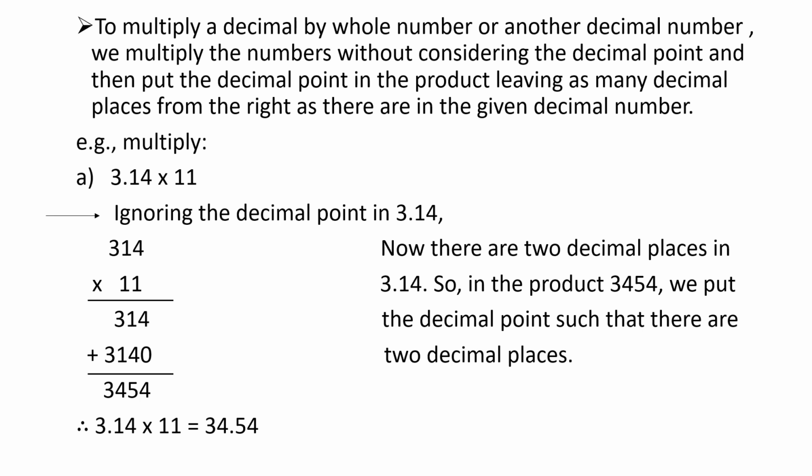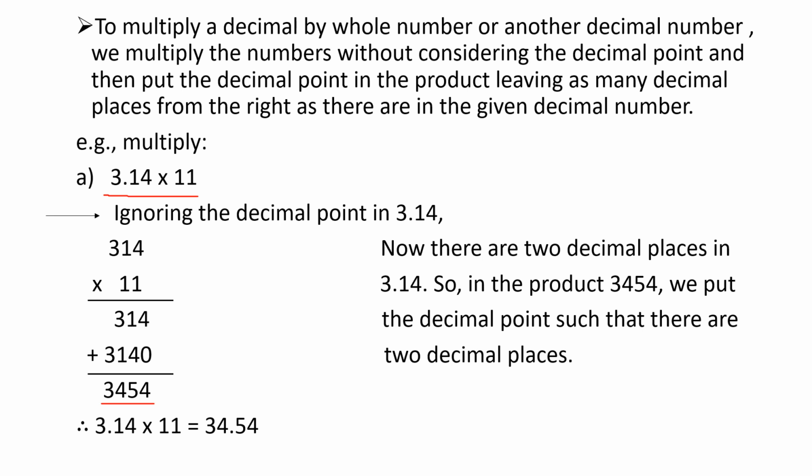For example, multiply 3.14 into 11. So first we'll ignore the decimal point. So ignoring the decimal point in 3.14, we'll multiply 314 into 11. See, after multiplication, I got over here the answer as 3454, right? Now what will I do? So now there are two decimal places in 3.14.